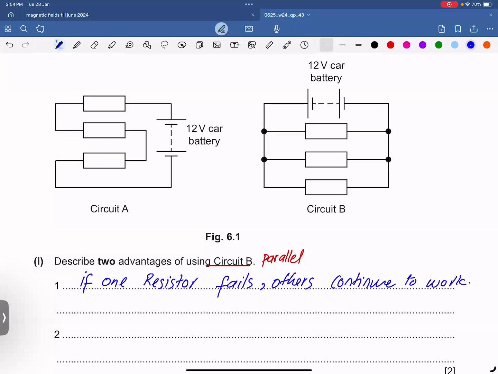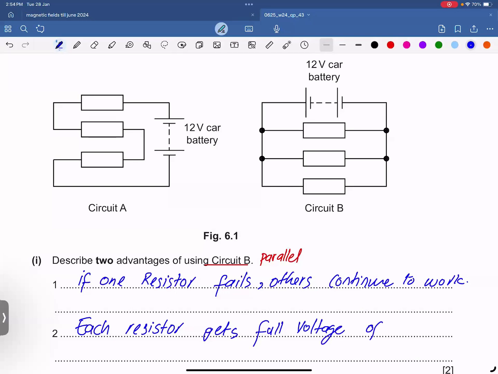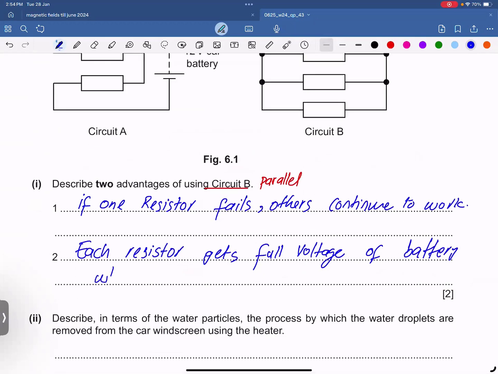Number two, each resistor in parallel gets the full voltage of the battery, which is 12 volt.